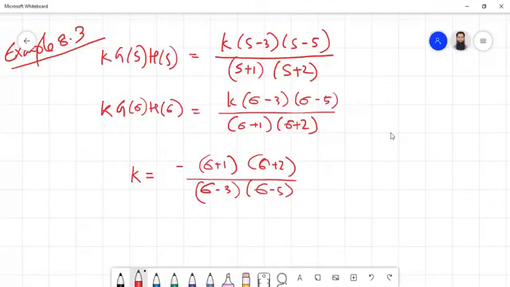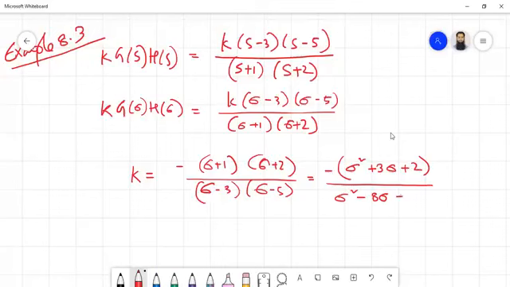After multiplication, what we are going to get is minus sigma square plus 3 sigma plus 2 divided by sigma square minus 8 sigma plus 15.